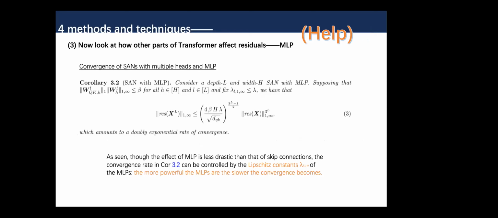So this right part will not converge to a rank 1 matrix really fast. So the more powerful the MLP is, the slower the convergence becomes. It can slow down the whole rank collapse, so it will be helpful for that.